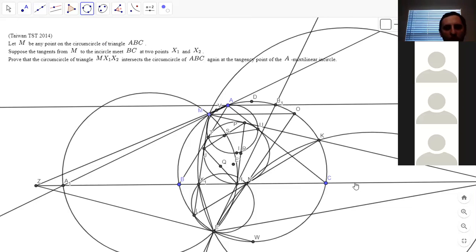Okay. Did you see a solution using that, or is that just something you noticed? Yeah, right now I'm calculating some ratio. Okay.